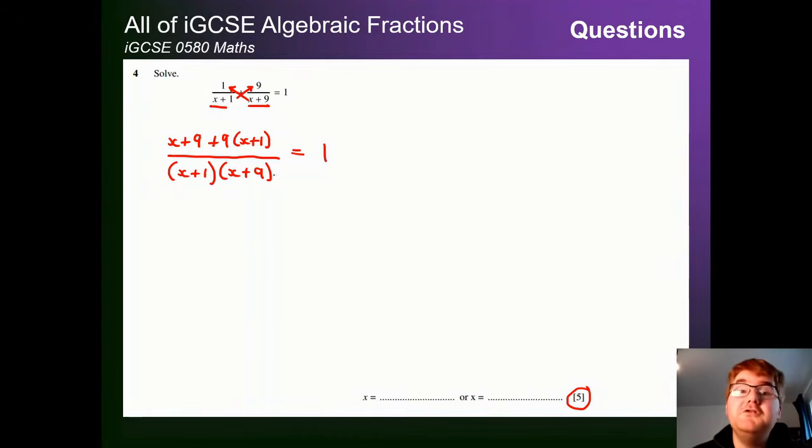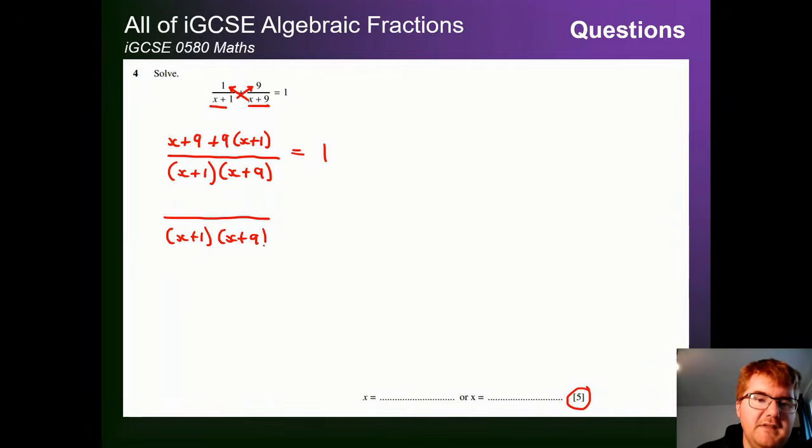Let's tidy up that numerator. So if we look at the numerator here, we still have the x plus 9. Let me pop in the bottom bit here. So we have x plus 9, and then we have 9 times x is 9x. 9 times 1, that's equal to 9, and this is equal to 1.